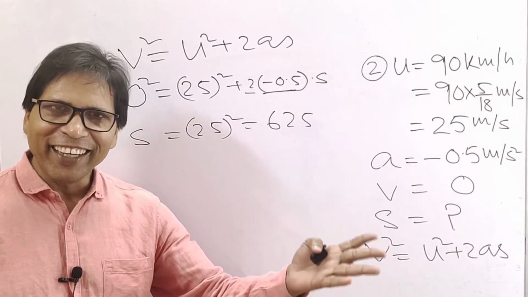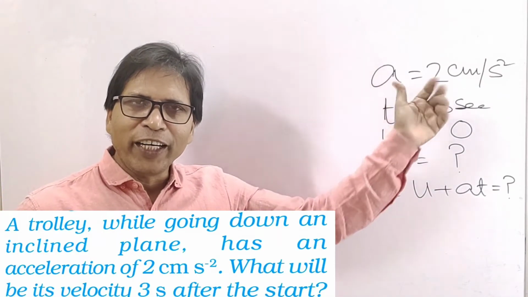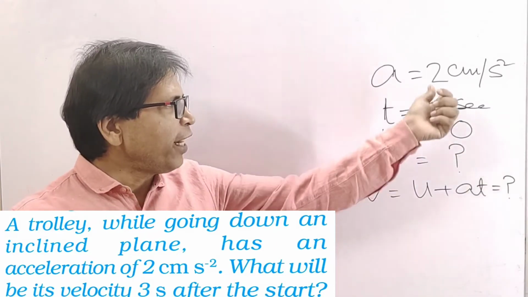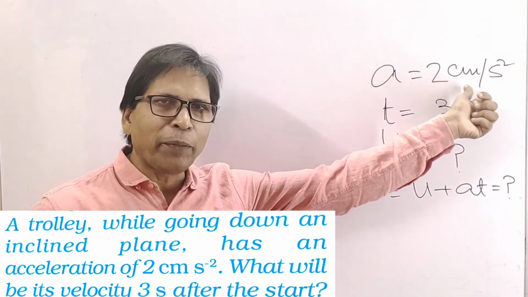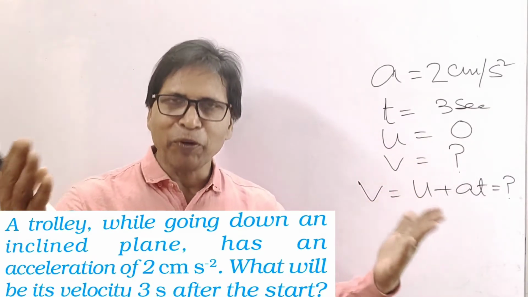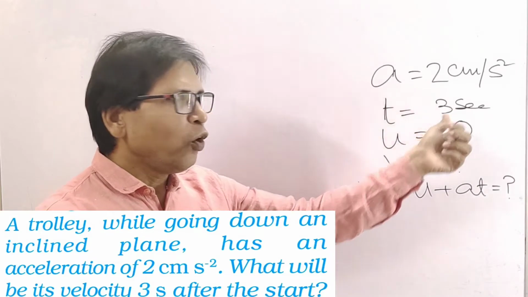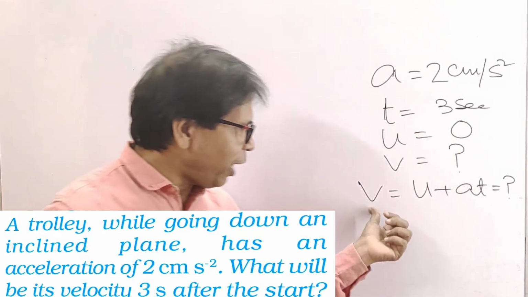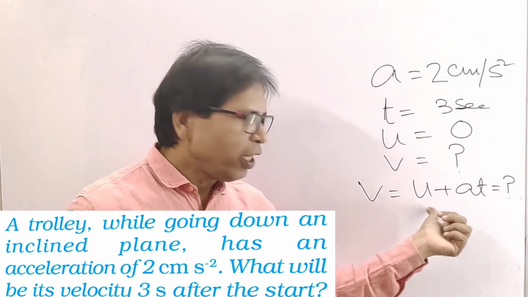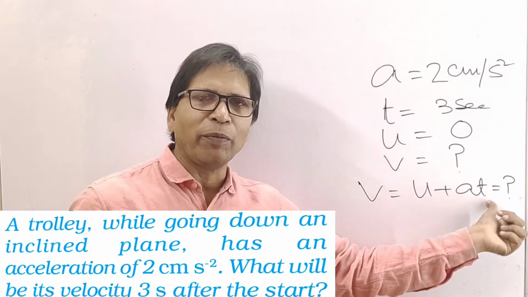Okay, understood? Next, look at this, a trolley moves down an inclined plane with an acceleration of 2 centimeter per second square from rest. We have to calculate the velocity after 3 seconds. We know the final velocity v equals initial velocity plus acceleration into time.